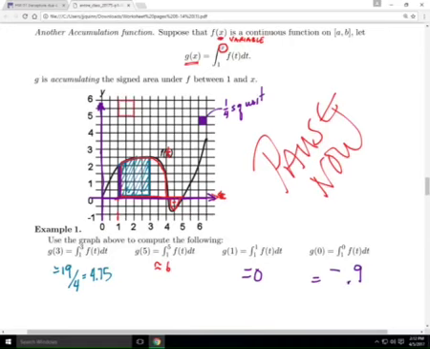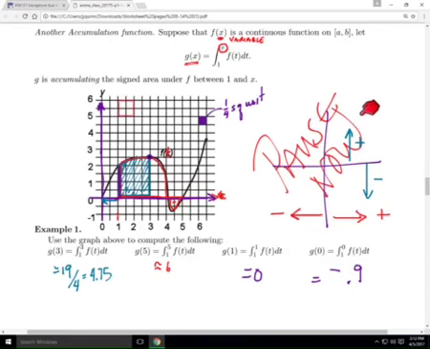And I hope this doesn't bother you, because when you think about it, when our height is above the x-axis, we consider it positive.